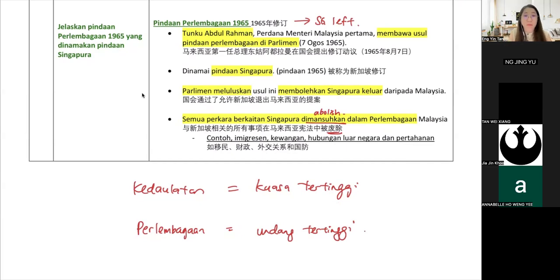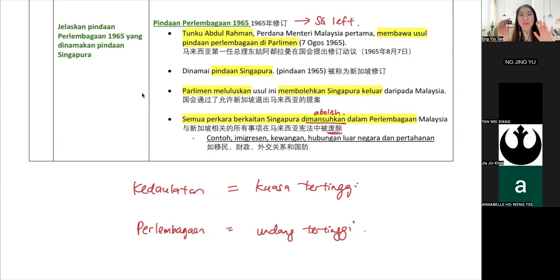After that, we combined with British law, right? Because the British colonized us for so long, so definitely we have some Undang-Undang British. So this is our law back then, the history background reading. Then after that, when we got merdeka, we have new ciri-ciri perlembagaan. So we have 3: traditional and modern. And then the last one, you need to tell me, pindaan perlembagaan.